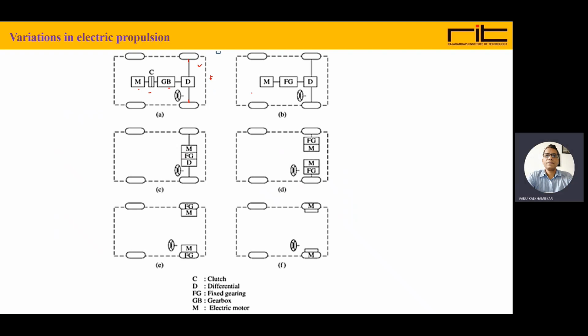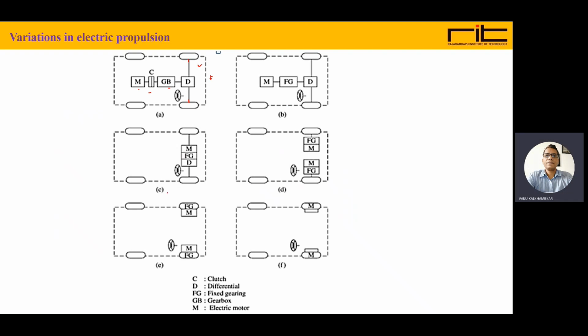Now the next combination is slightly modified. The motor is there, but the clutch and gearbox are not. It is connected with a fixed gearing mechanism instead, and the differential is there. So the complexity is now reduced.